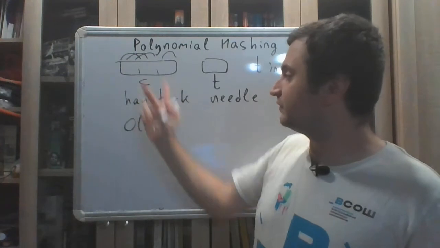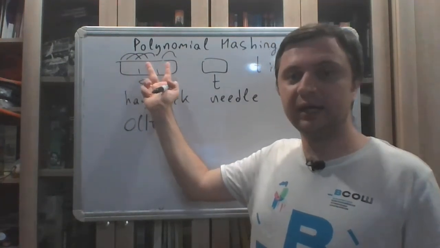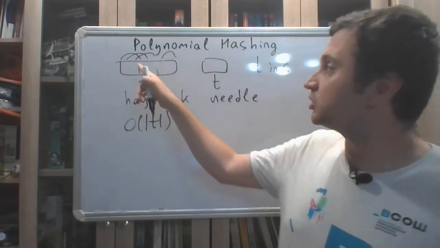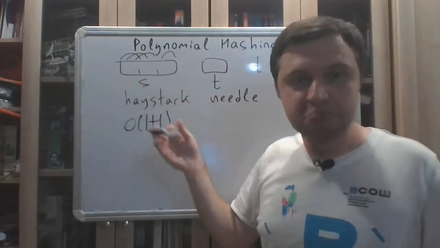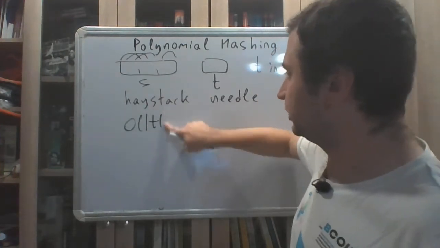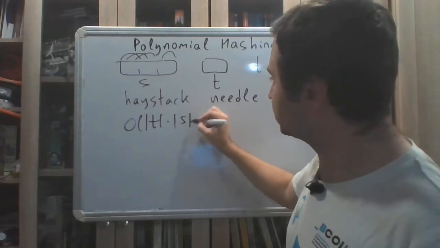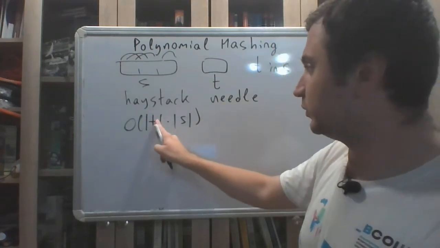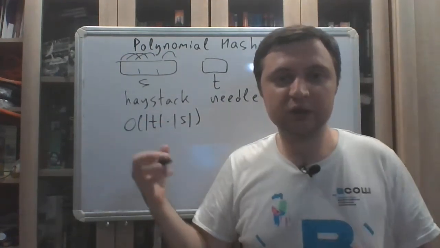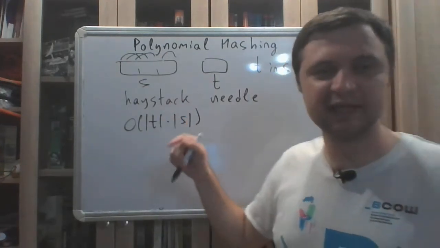You do O of t time to check if this position is an occurrence of t, and so on up to the last one. So if S is seriously larger than t, then you do this procedure for many positions, and the number of positions is proportional to the length of S. Well, formally it's the length of S minus the length of t.